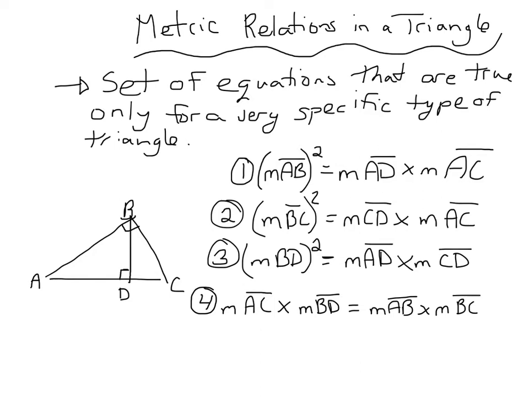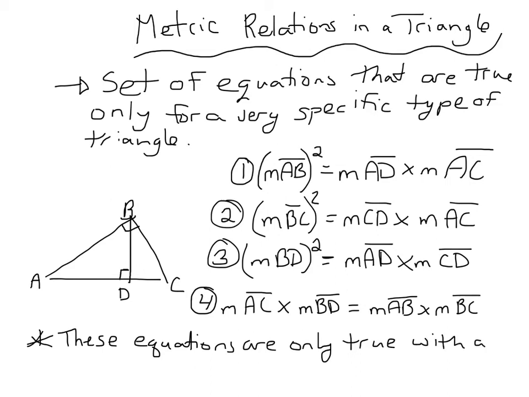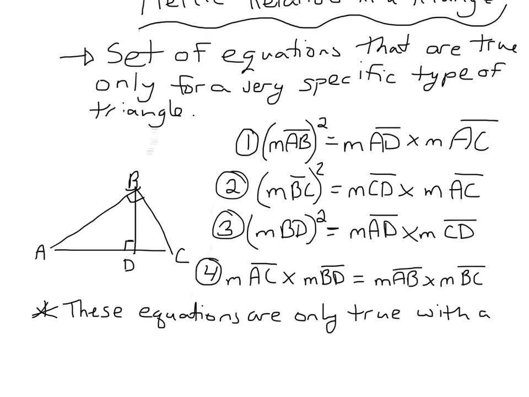I can't reiterate it enough, so I'll even put it down here with a little star. It's the worst star ever, but that's what it is. These equations are only true with a properly labeled triangle.